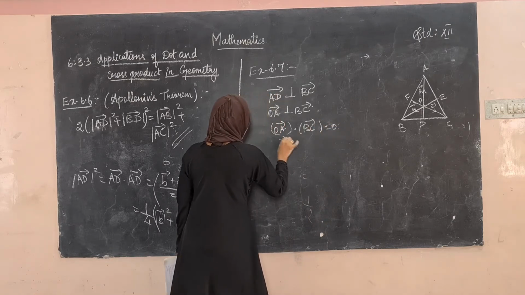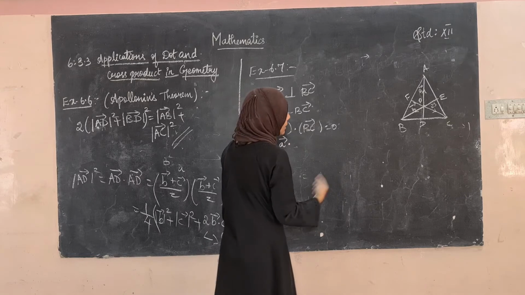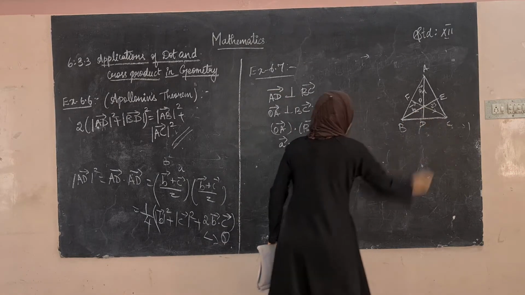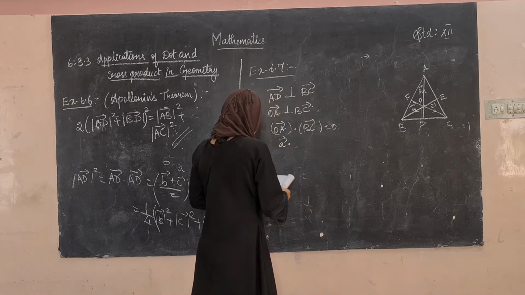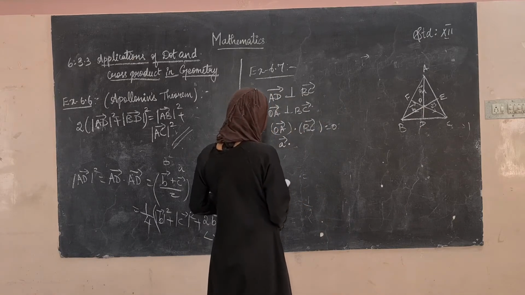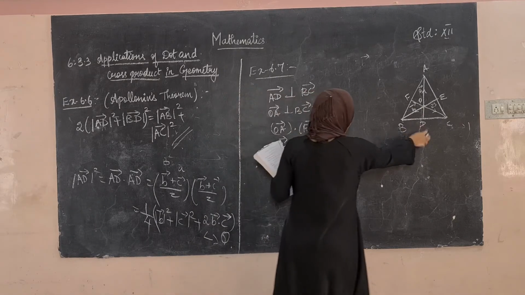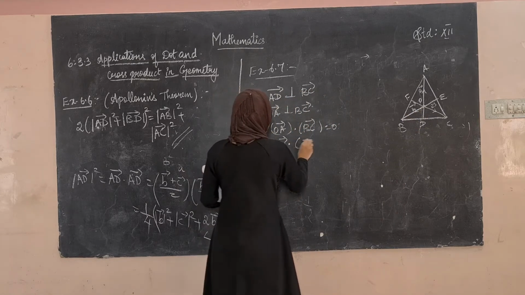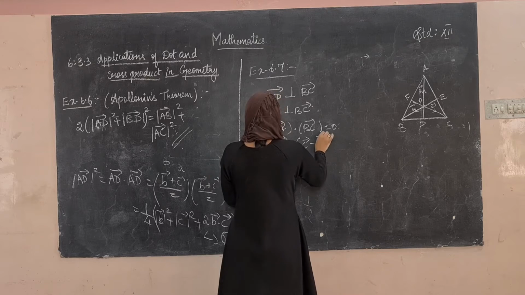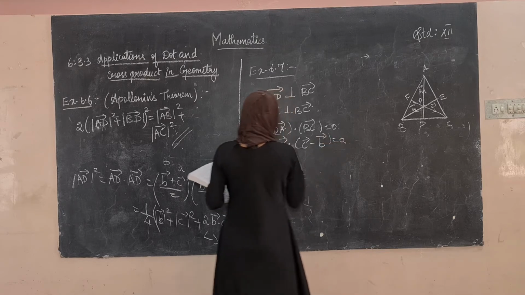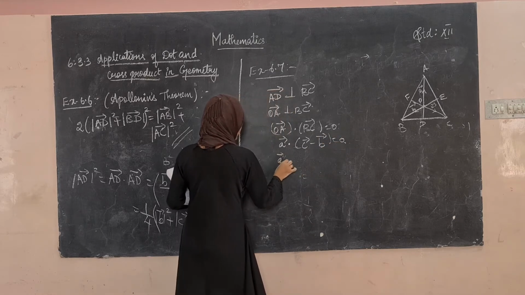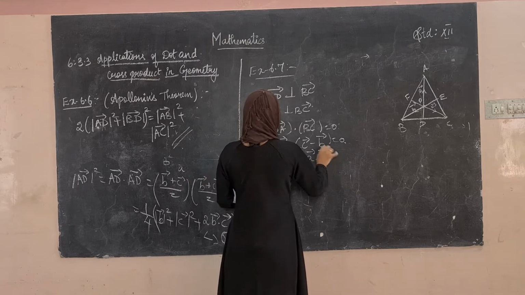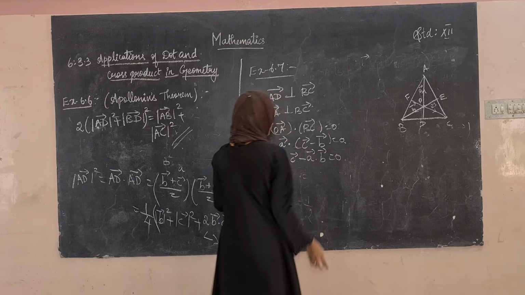That is A vector dot, what is BC vector? Sorry, BC vector is C vector minus B vector. So A vector dot C vector minus B vector equal to 0. On distributing, A vector dot C vector minus A vector dot B vector equal to 0.